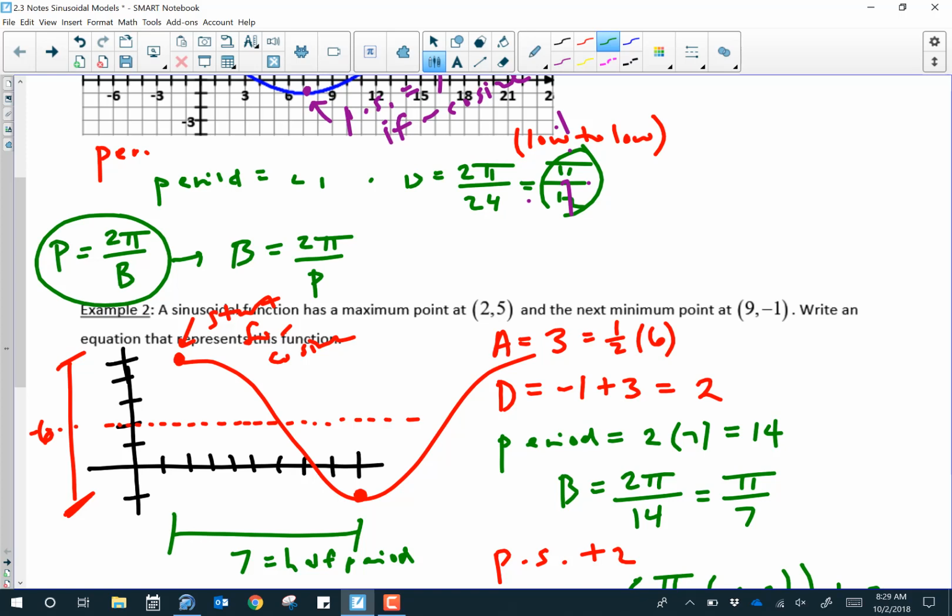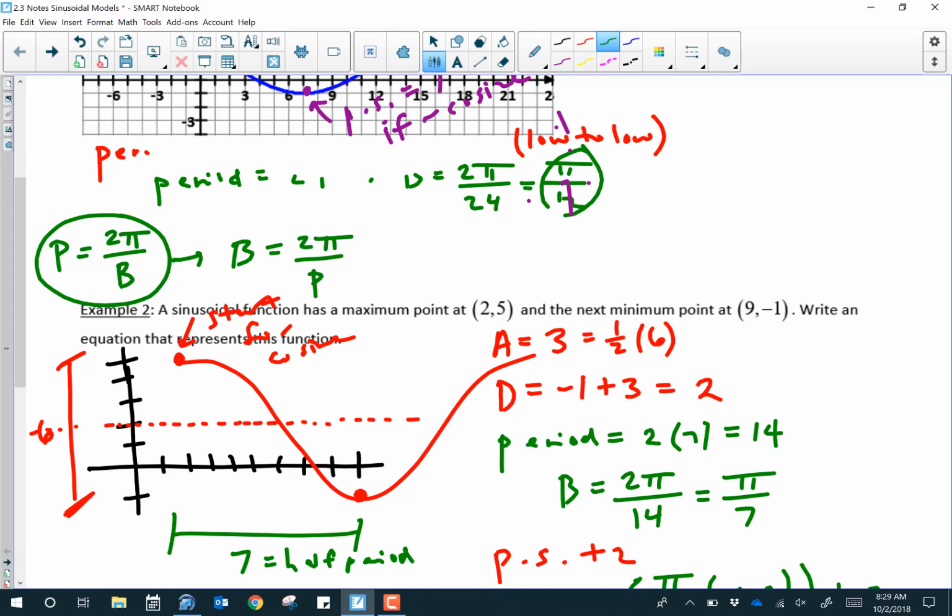So to find our period when we were graphing, we would take 2 pi and divide by b, right? And so when we're looking at graphs, we don't see the b value, we see the period. So we need to figure out what was the factor that we used to stretch that period by? So you have to take 2 pi and divide by that period.